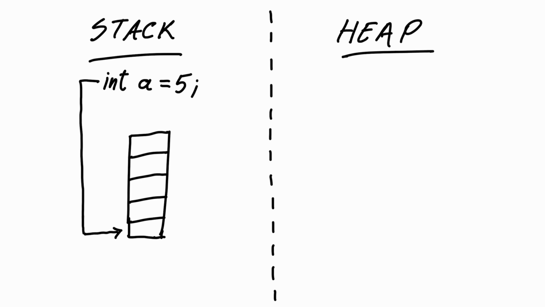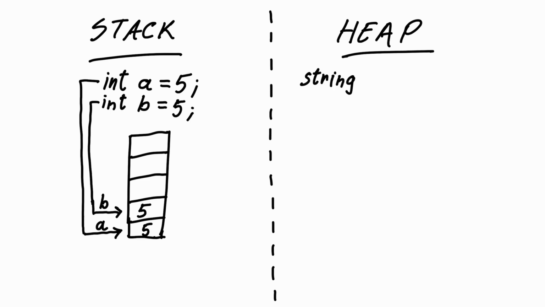If we now have integer b that takes the value of integer a, the 5 value of a gets directly copied to b and gets stored in the stack right on top of the a value. This is why these kinds of data types are called value types, because the direct value gets stored in the memory.